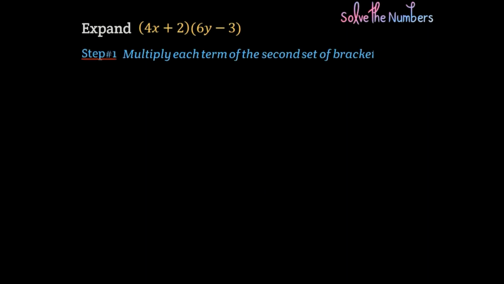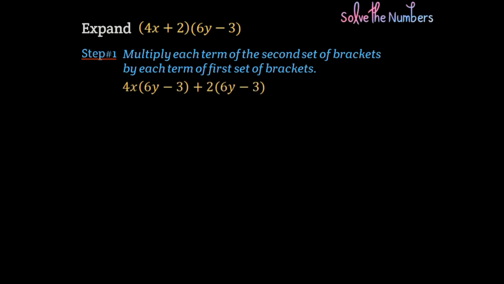Expand (4x plus 2) times (6y minus 3). First, multiply each term of the second set of brackets by each term of the first set of brackets. So we get 4x times (6y minus 3) plus 2 times (6y minus 3), and apply the distributive property here.